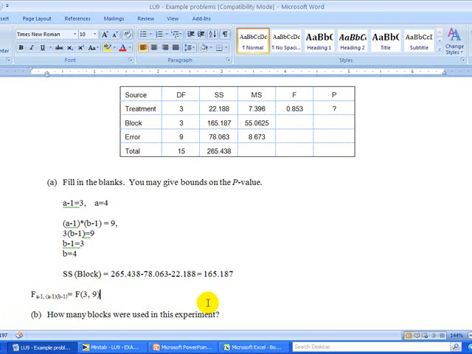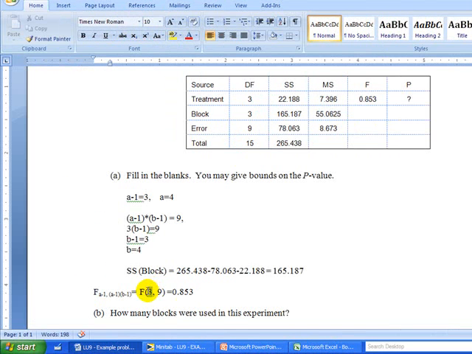This f value is 0.853, right? Now we know the f value, the numerator degrees of freedom and the denominator degrees of freedom, and we need to calculate the p value, right? So I will calculate this p value using Excel.